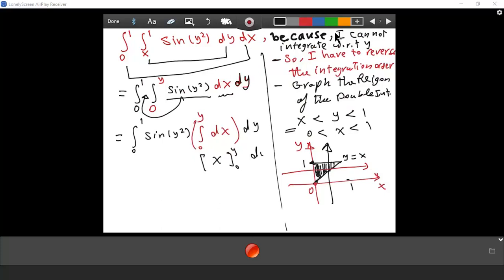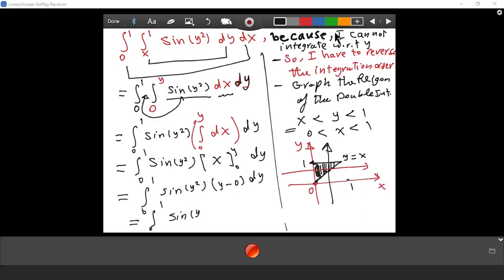Yes. When you finish, you can do this one by your calculator, okay? From 0 to 1 sine y squared, and when you substitute, you have y minus the lower substitution, 0, and dy. So you can integrate this one from 0 to 1, sine y squared times y dy. Again, by substitution, you can let u equal y squared.